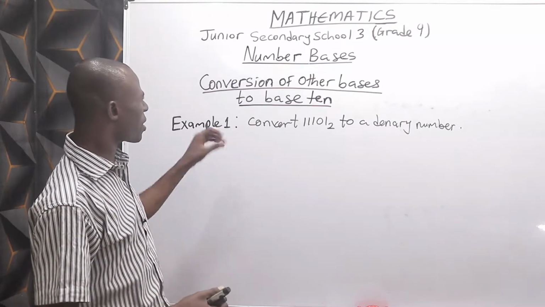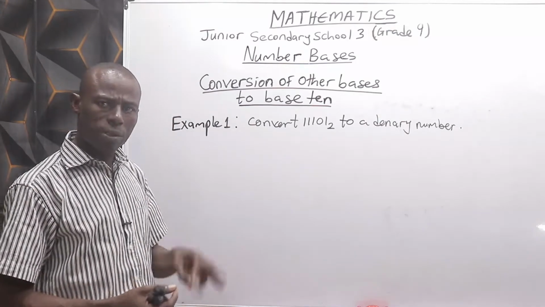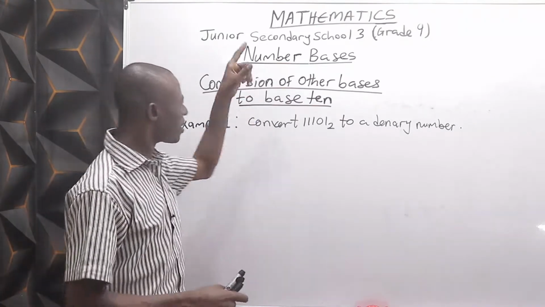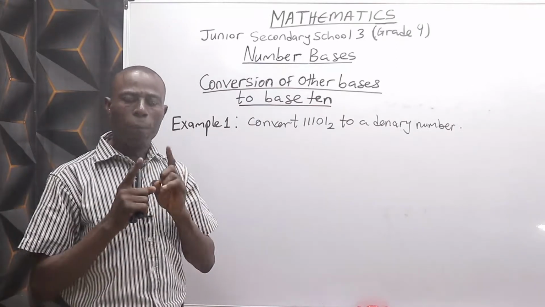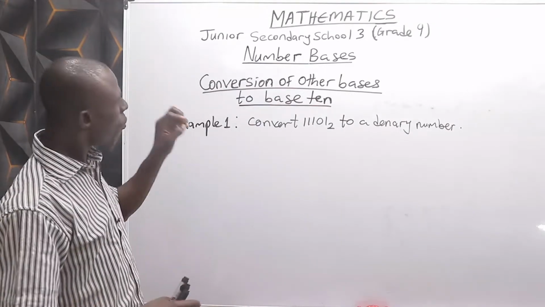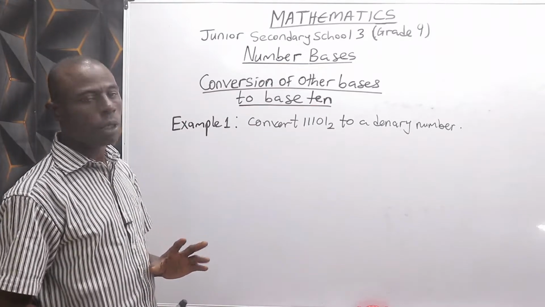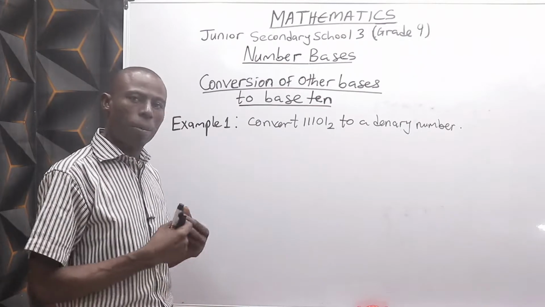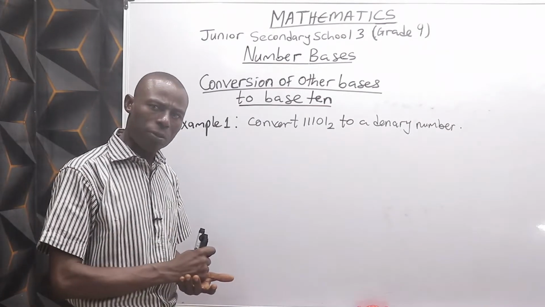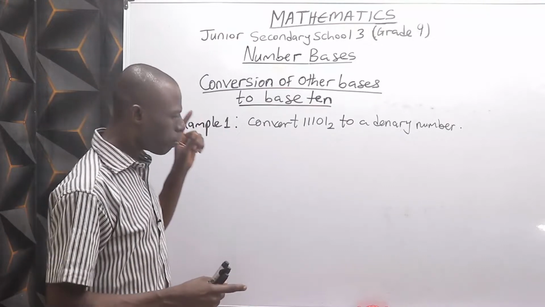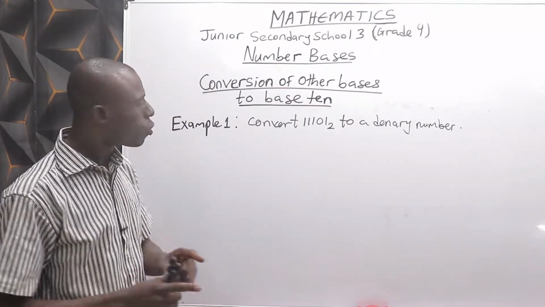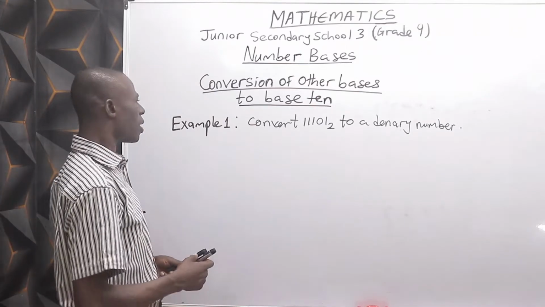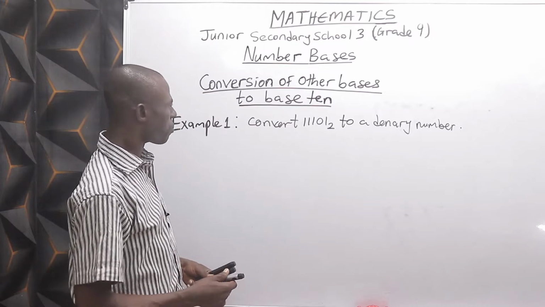So anytime you are converting numbers from base 2, 3, 4, 5, 6, 7, 8, 9 to base 10, there is a particular procedure which is uniform to all of them. The way you convert a number from base 2 to base 10 is the same procedure you use to convert base 5 to base 10. It's the same protocol you observe to convert base 3 to base 10. Do you understand? Let's go and see how we do it.